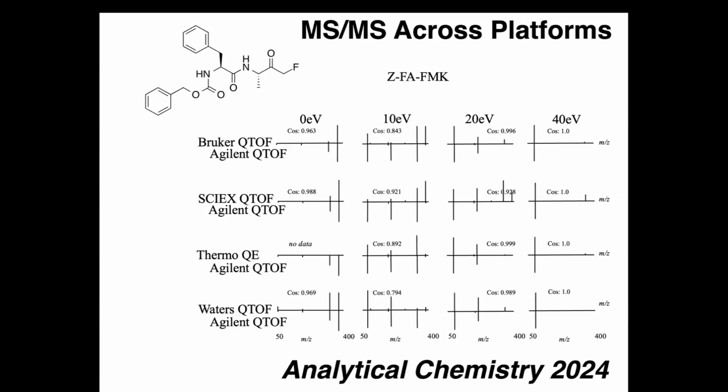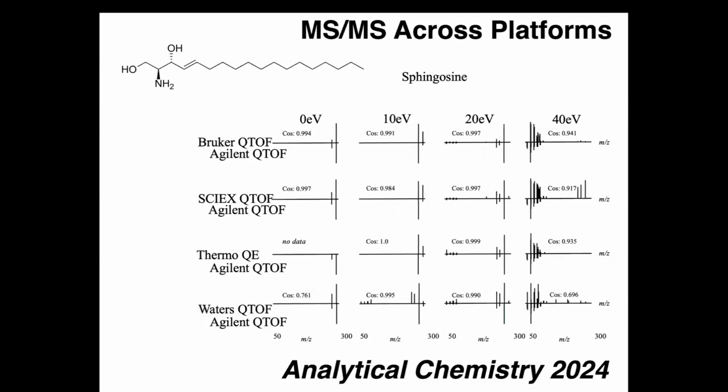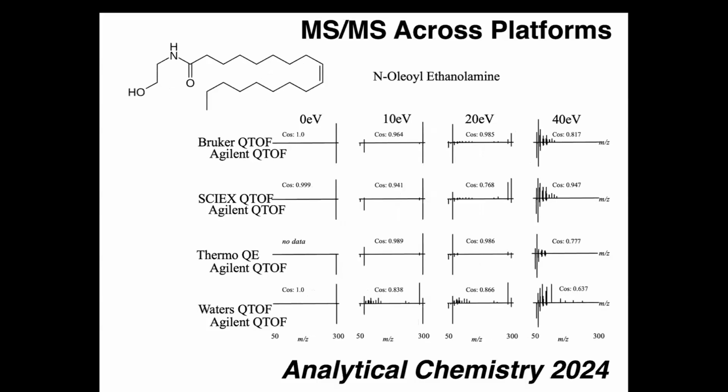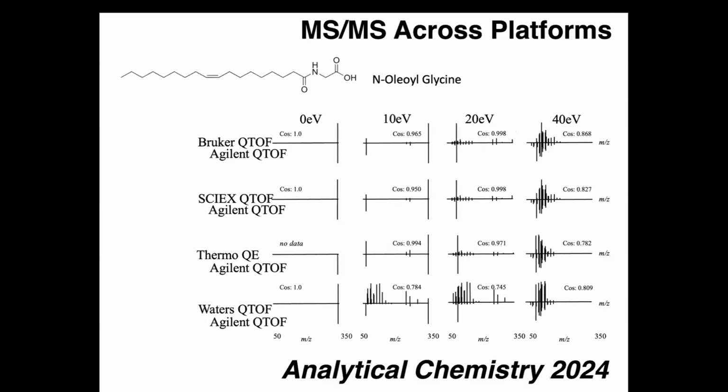You don't see dramatic differences in terms of the fragments that are being observed. It's typically the intensity of the fragments where you see the differences. And I think those differences are largely associated with some ionization sources having slightly more energetics than others. We looked at a wide variety of molecules, and the consistency was generally very good.